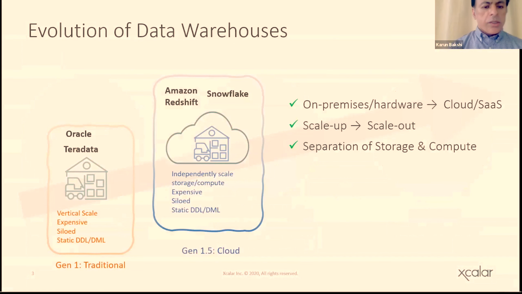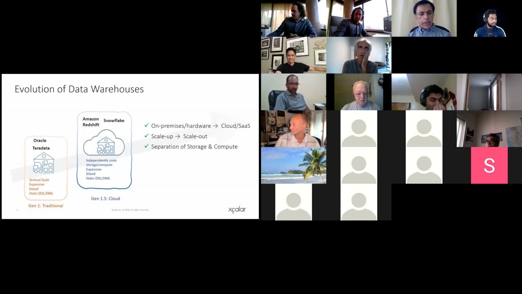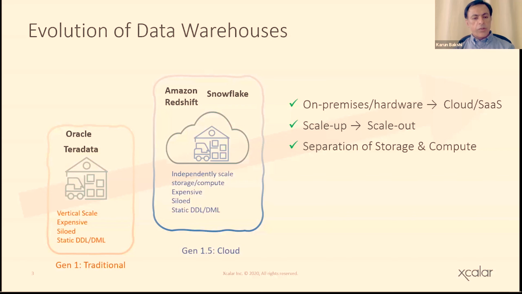So when we talk about data warehouse as code, it's helpful to understand some of the context behind how we got here and what has preceded us as a community. When you think about the first generation of data warehouses, the names Oracle and Teradata come to mind. Generally, they get associated with on-premises deployments and tend to be very hardware-centric. The only way to scale was through vertical scaling of the systems running those platforms.